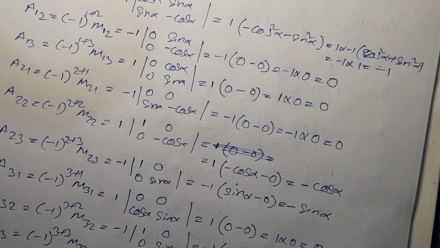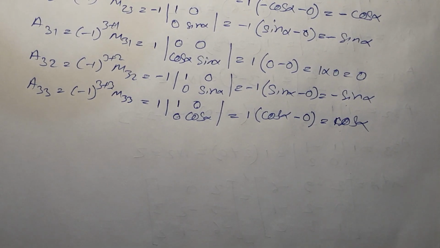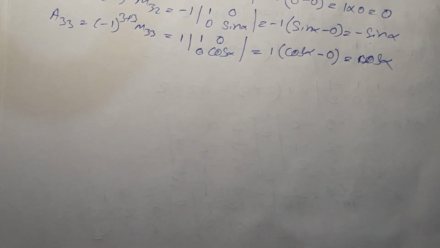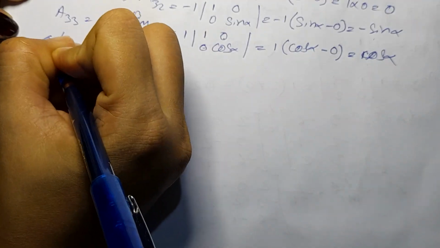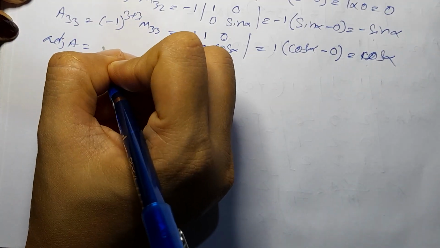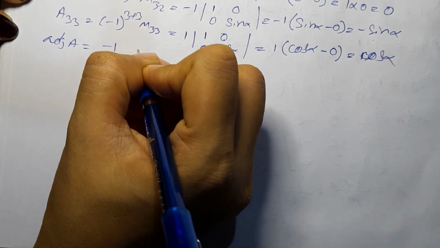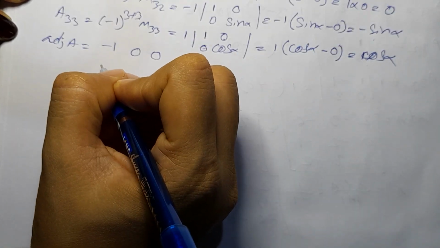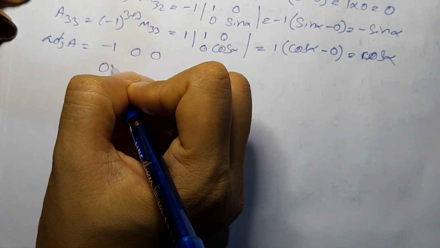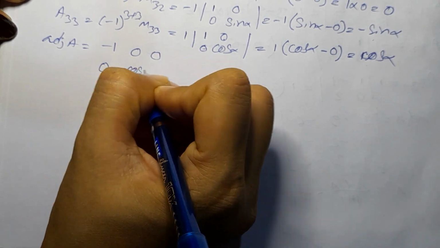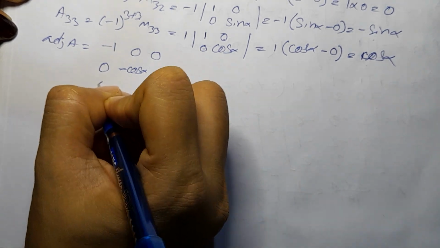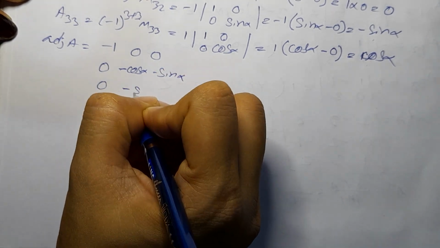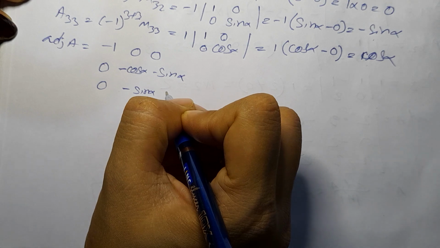So arrange it. Now to write the adjoint, arrange in the matrix. So we got all the cofactors, so now the adjoint of A. Adjoint of A is equal to the cofactor matrix: minus 1 0 0, 0 minus cos alpha minus sin alpha, 0 minus sin alpha cos alpha.